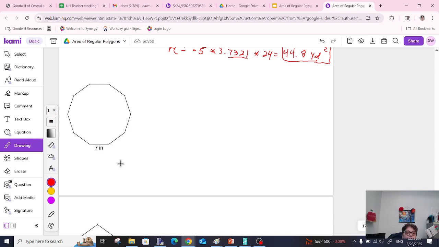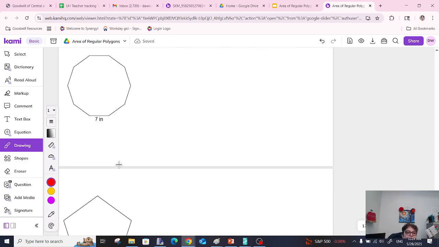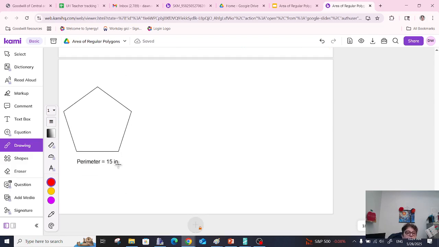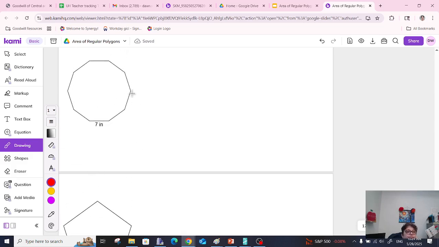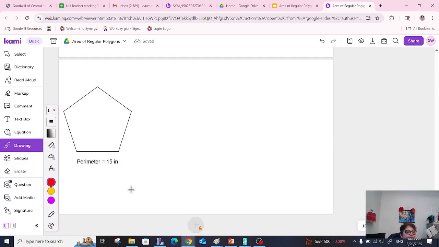Okay, so I'm going to help you with this one. I'm going to jump to this one and do this one with you. Then I'm going to walk around to make sure everyone can do this one. Is that fair? Okay. The reason why I want to do this one is the side length isn't given. What's given? Perimeter.